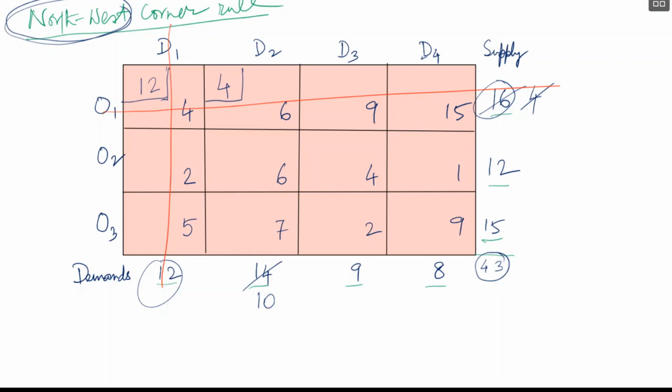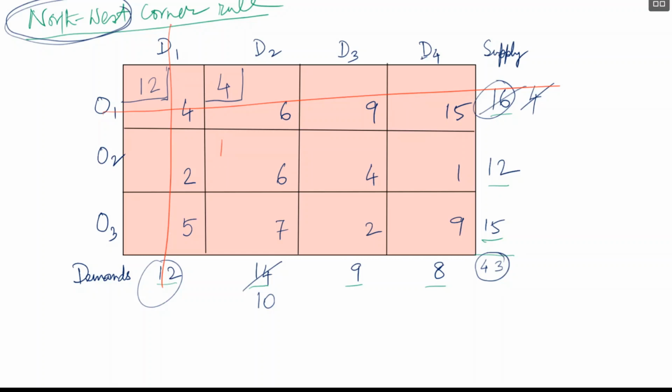Again we go to the northwestmost corner, that is the 2-2 cell, and here we also find the minimum between the supply and the demand, that is between 10 and 12, it is 10.